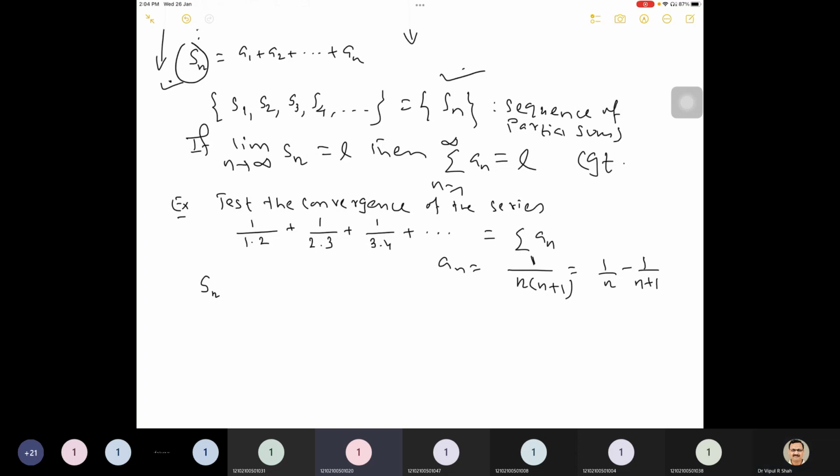Now, if you can write in this way, then we are in a position to write down Sn very easily.